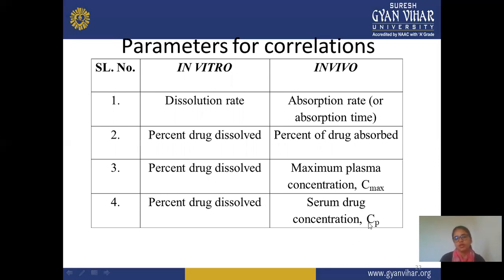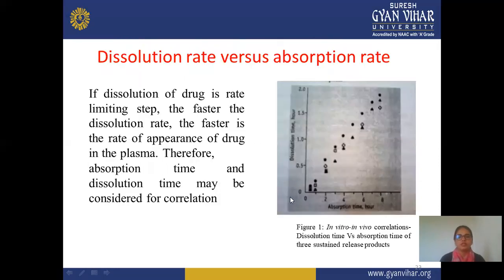So these are mainly parameters for absorption, and these are for dissolution, or how much drug dissolves in percentage. So this is the in vitro study, and this is the in vivo study. Dissolution rate versus absorption rate. This is a graph for absorption time versus dissolution rate.